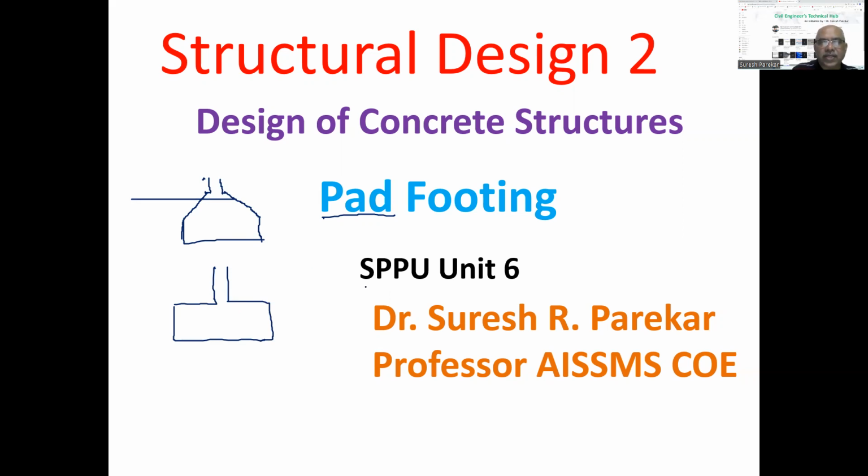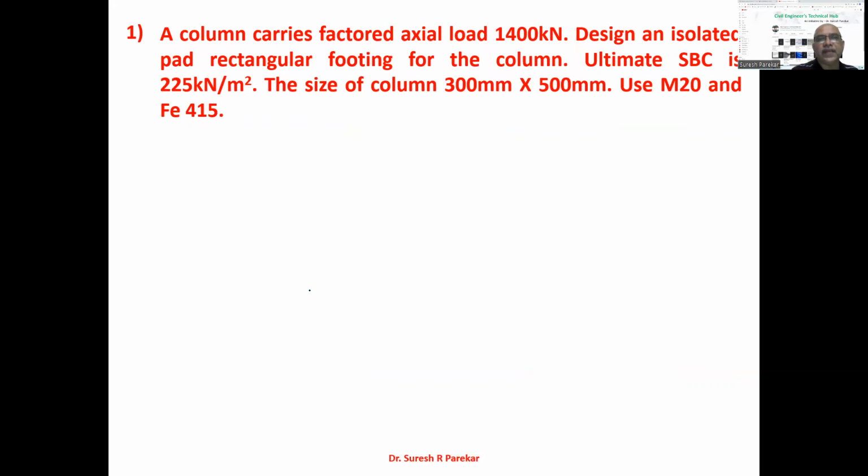So now I have considered the same problem which we considered for the sloped footing, so that the calculations till bending moment are the same. So you can see we have a column that carries a factored axial load of 1400 kilonewton, and a pad rectangular footing for the column, ultimate SBC is 225, size of column 300 by 500 mm, M20 and Fe415.